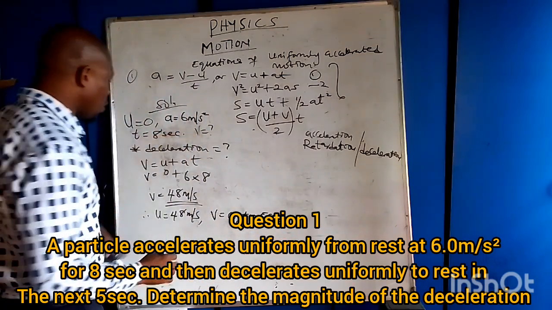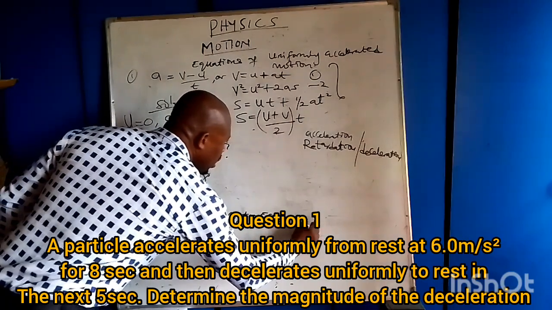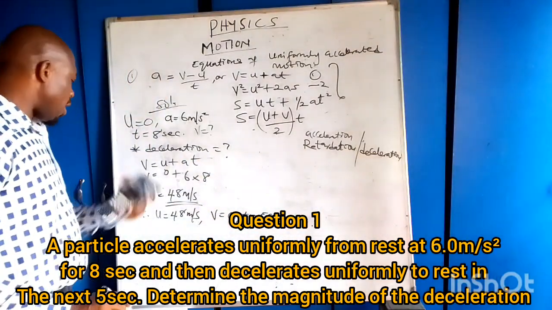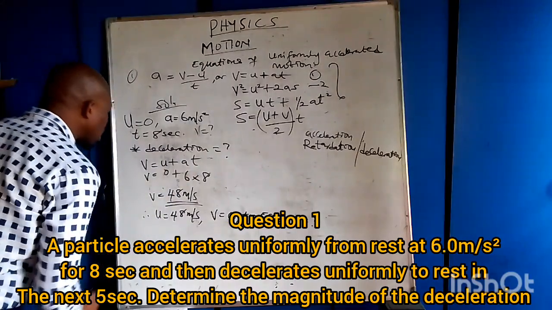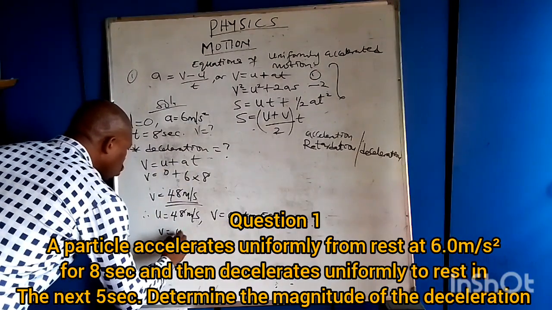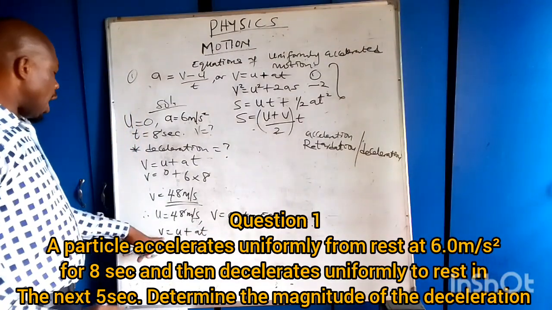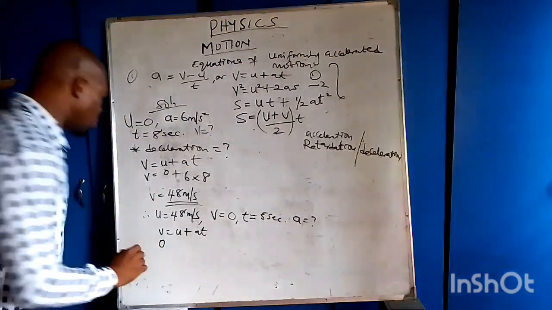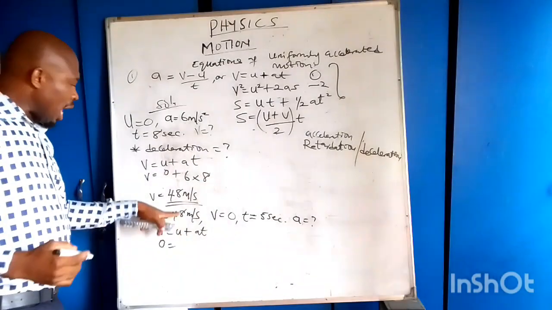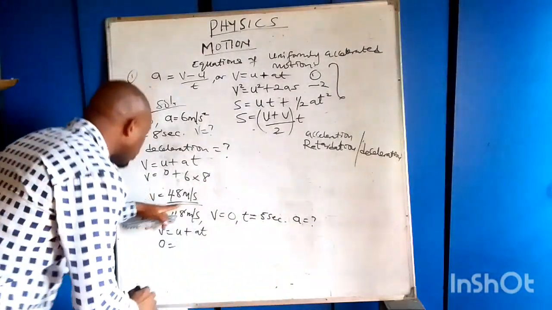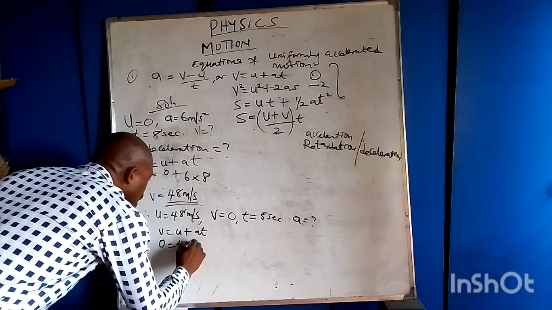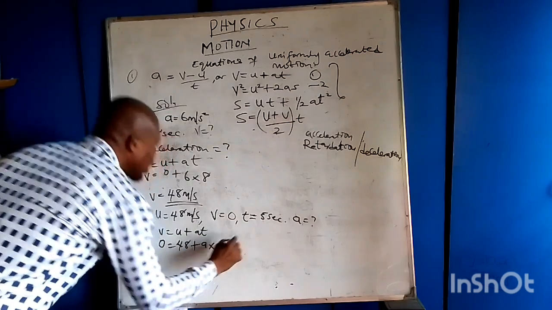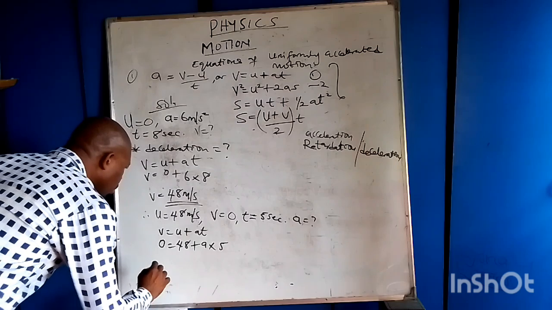Now, we need to calculate the deceleration, which is the A. Deceleration and acceleration are both expressed as A. So we still make use of the same equation, V is equal to U plus AT. V is 0, equal to 48 plus A times T, and T is 5.